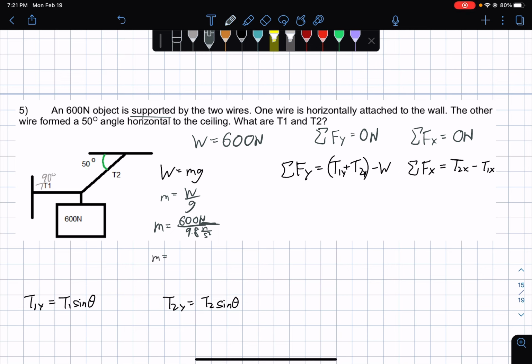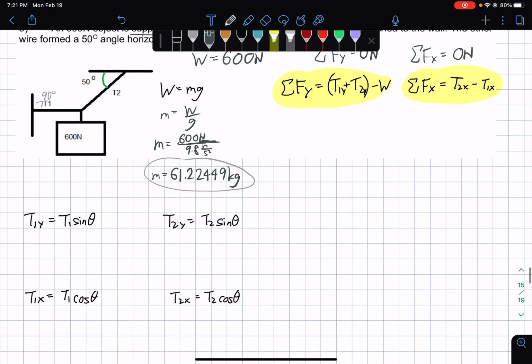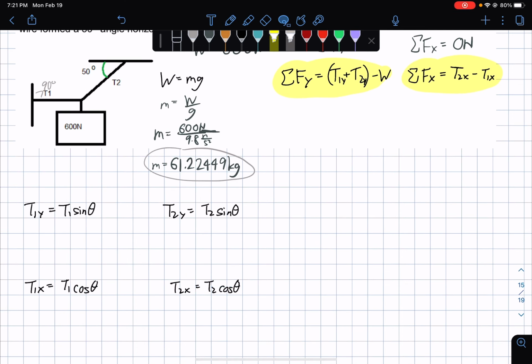Mass is then equal to 61.22449 kilograms. This is just a side quest. I don't think that's going to be useful for finding the actual answer. So yeah, I think these are more important to work on.